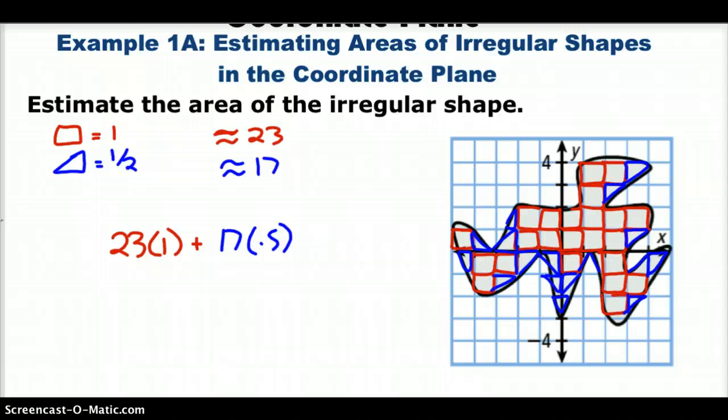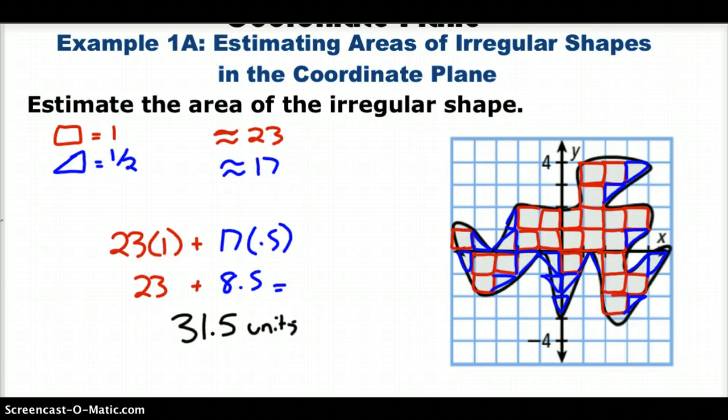I'm just going to put this in my calculator, 17 times 0.5, or you can obviously just do that in your head, 17 divided by 2. I get 8.5 here. So this is 23 unit squares plus 8.5, which is about 31.5. So we'll say about 31.5 units squared.